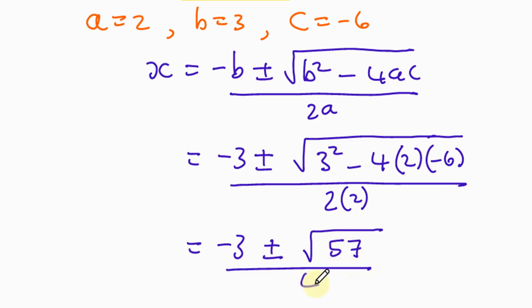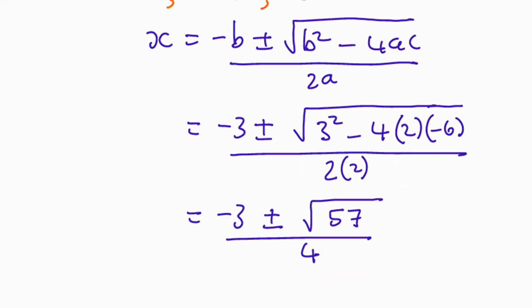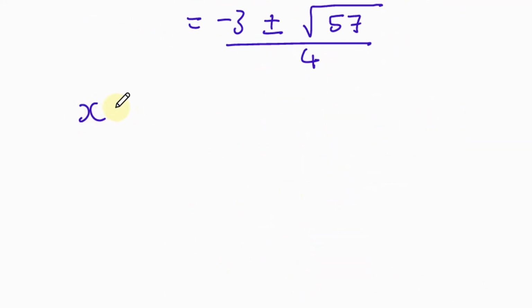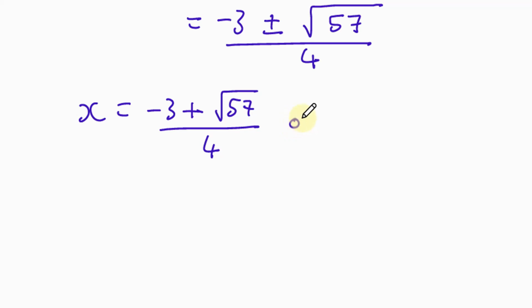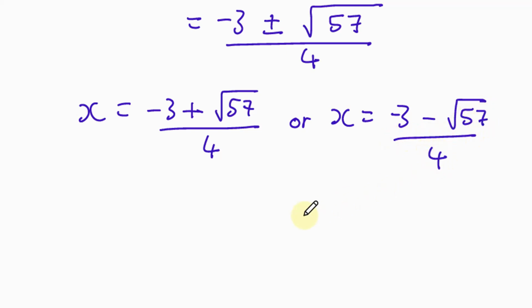This is all over 4. So we know that x is going to be negative 3 plus the square root of 57 all over 4, or x is going to be negative 3 minus the square root of 57 all over 4.